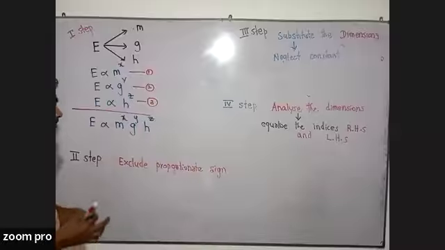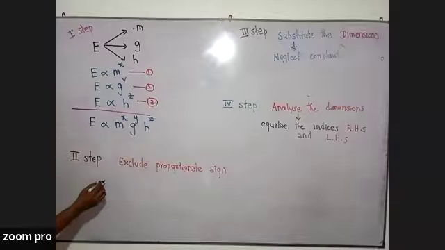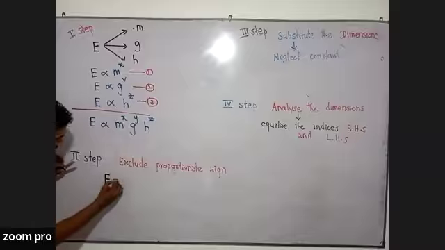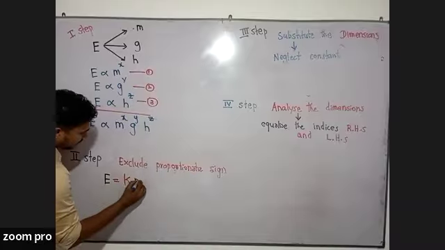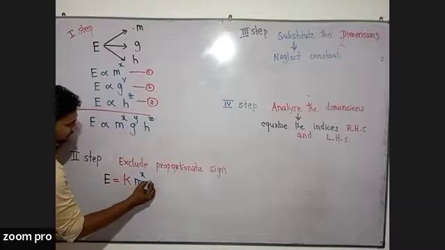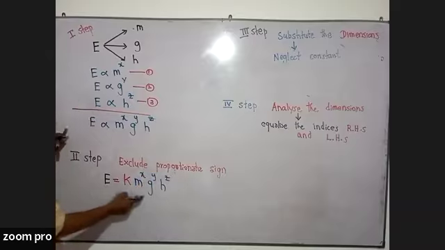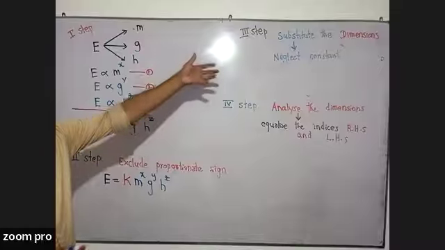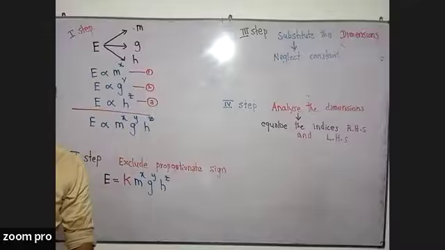The second step is you have to exclude the proportionality sign and put an equal sign and a constant. Then write down the rest of the expression. So this is the obtained equation. The next step should be to substitute the dimensions, neglecting the constant. Just continue it.